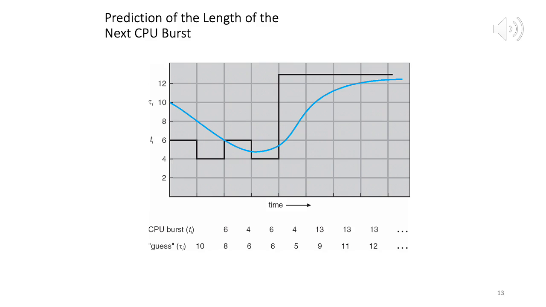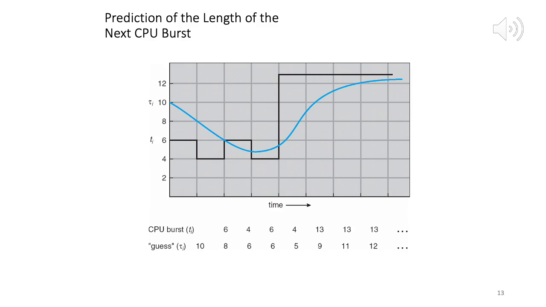So the latest actual value for the latest burst divided by 2, plus the information on the past, the values of the past bursts, that weighted information divided by 2, and that's the predicted length of the next CPU burst.